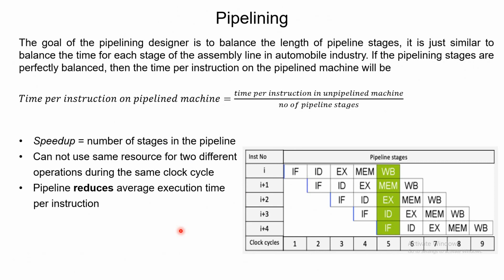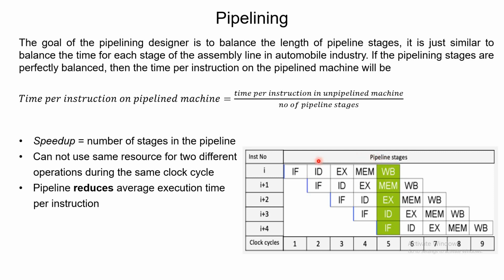So this is the pipeline. Now, what is the impact of the pipeline, and what is the goal of the pipeline? The goal of the pipeline designer is to balance the length of the pipeline stages. As we know, each stage of the pipelining performs a different operation: one stage performs fetching, another decoding, a third executing, then memory access, and write back.